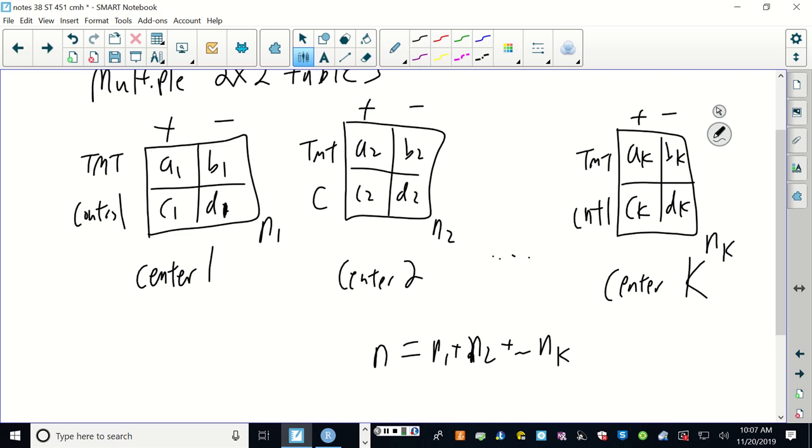One possibility is just to merge all the data together and analyze, add up all the A's, all the B's, all the C's and D's and just get one table. But that can obscure some things. Right? The center is essentially a stratification variable. It could be an underlying variable. If it's not observed and not paid attention to, it could be called confounding.